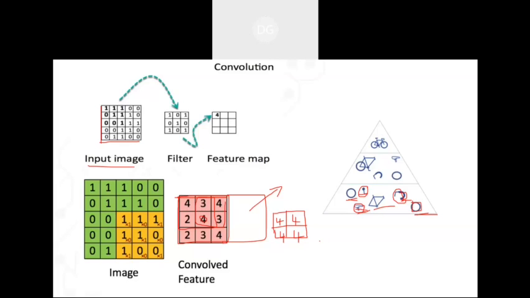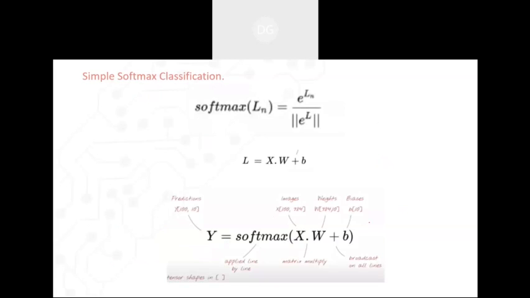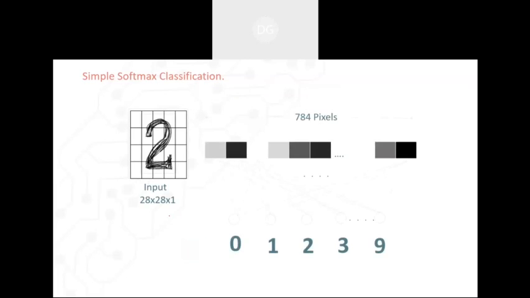Okay, understood. So how this is achieved is based on the simple softmax classification method. Just see the formula here and then I will explain in the next slide. Here X is the image which you are going to pass, W is going to be the weights, and B is going to be our bias. Based on that we will get some predicted output. In the first step, the image which we have given, 28 into 28, is there, right? Which is nothing but 784.